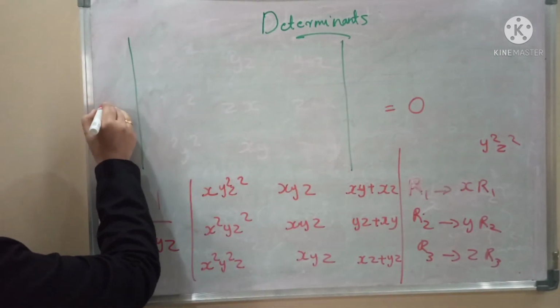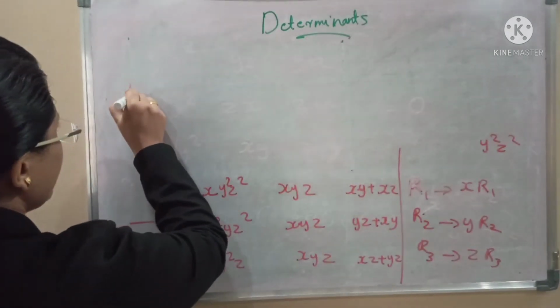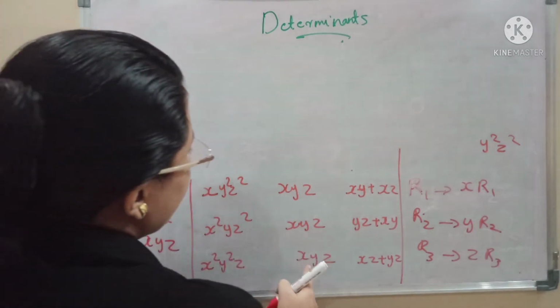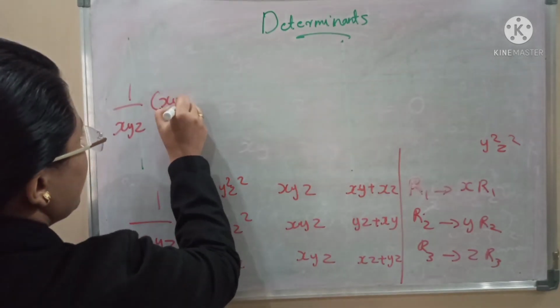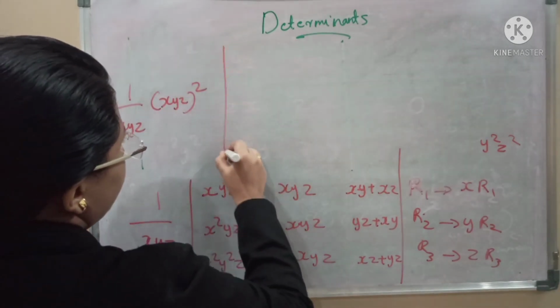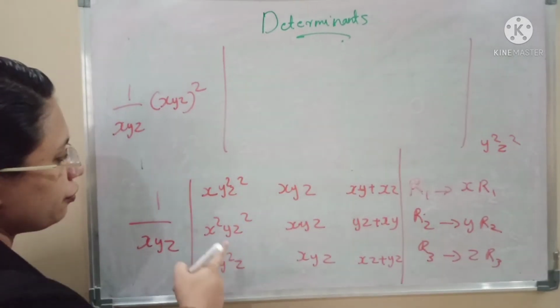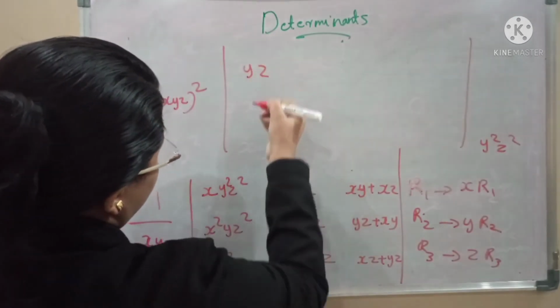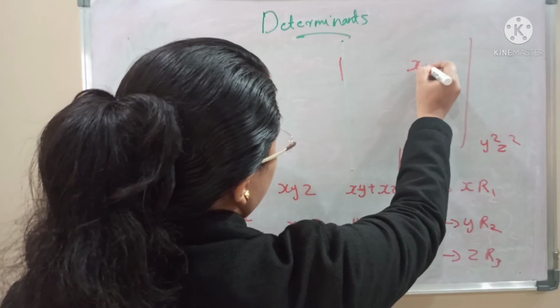So outside we have 1 by xyz. Okay, so if I am taking xyz from here and here, so it will be xyz square, right? So if xyz has been removed from here, then what is the remaining term? yz, right? Here 1, and here there is no change.